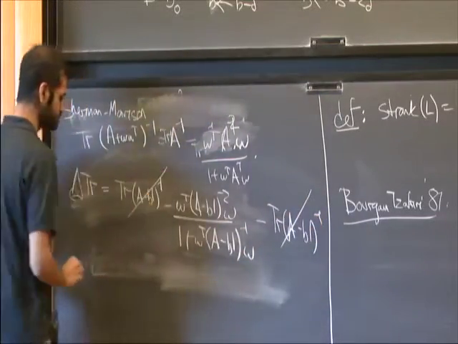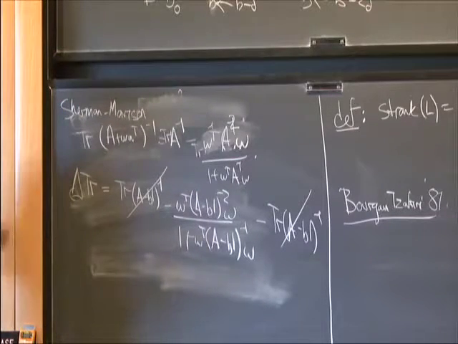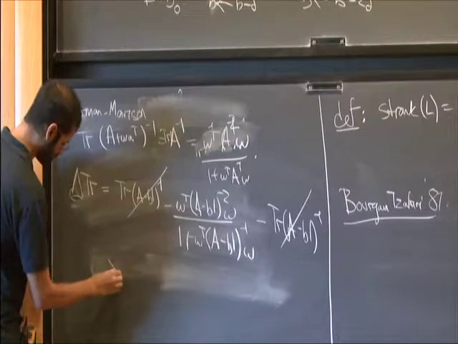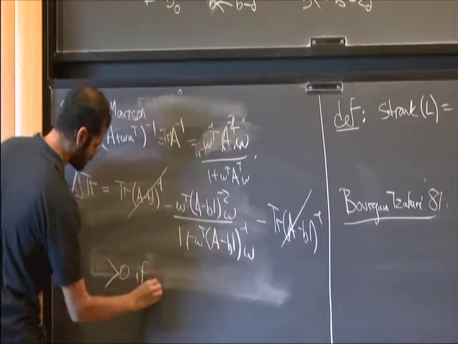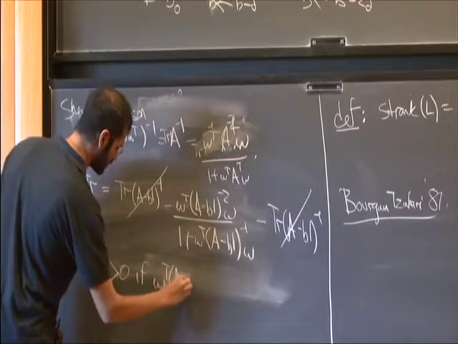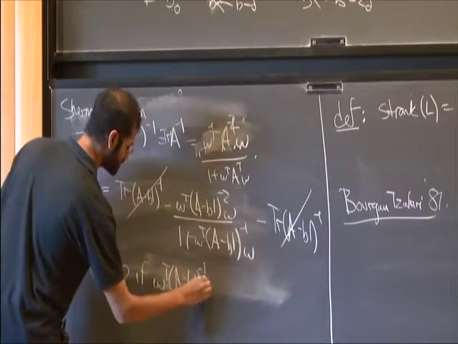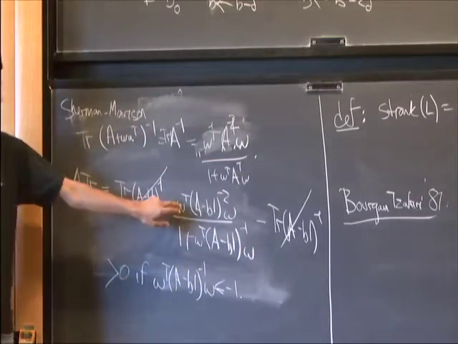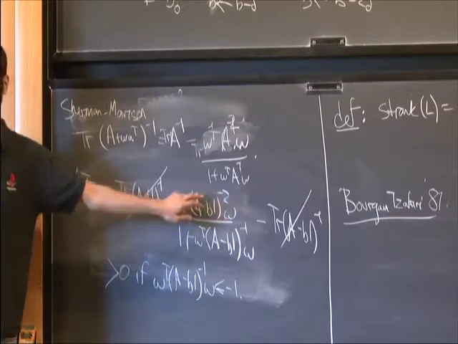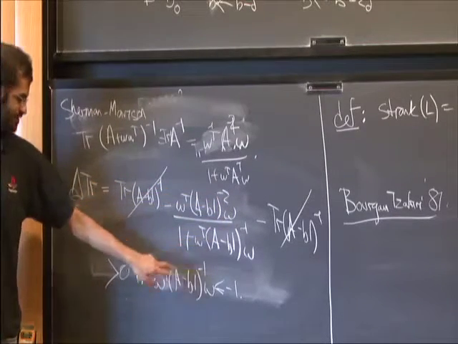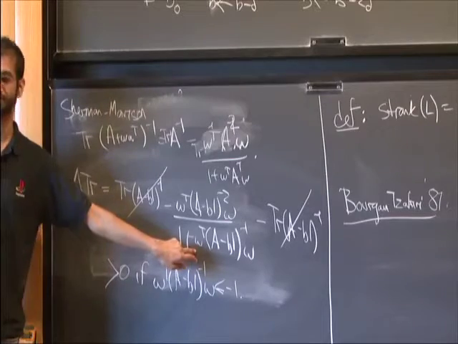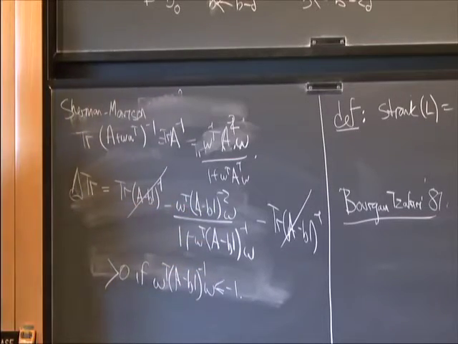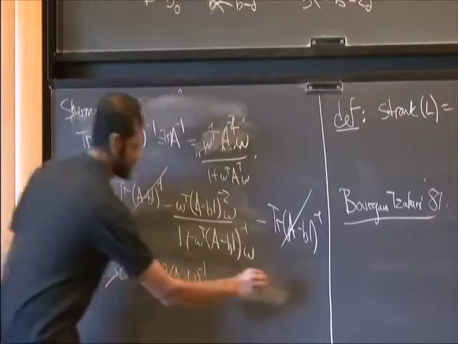Cancel, cancel. Okay? And now we see that this thing is bigger than 0 if W transpose (A minus BI) inverse W is less than minus 1. Because this thing is positive semi-definite, so this thing is always positive. If this thing holds, then this thing is negative. And so this whole thing must be positive. Okay? So that completes it.